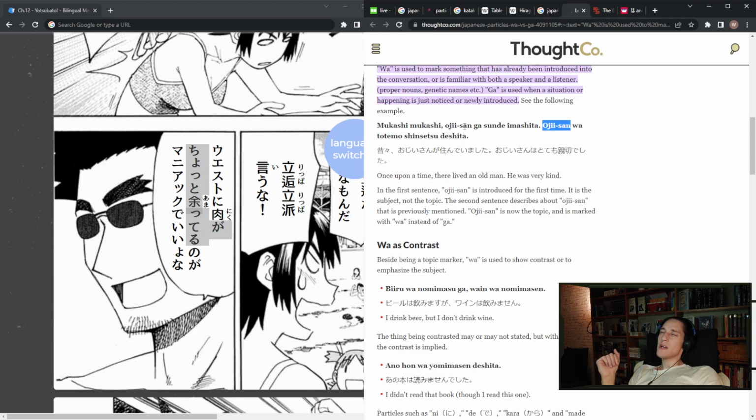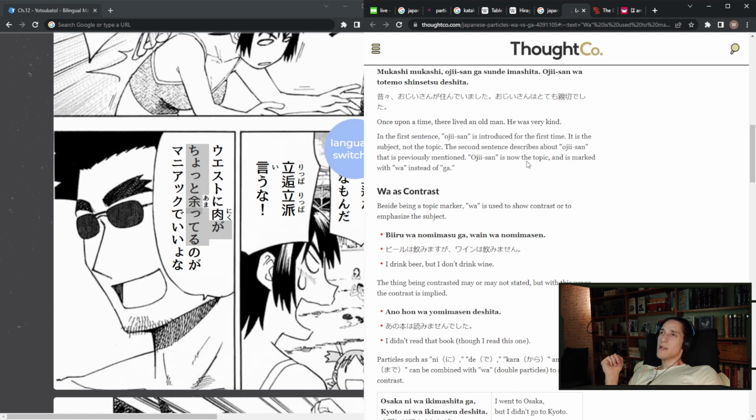I still think that if it was Oji-san wa sunde imashita... Yeah, I don't know. Maybe I don't understand. I understand what he's saying, so hopefully I can implement it into the translations.